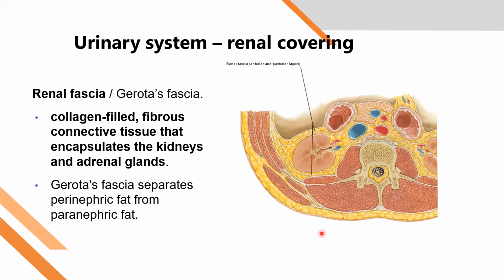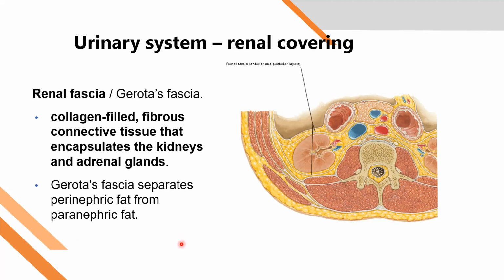Okay, now we go to the renal fascia. The renal fascia in this picture is very clear. Renal fascia, also known as Gerota's fascia, has anterior and posterior layers. It's made of collagen, fibrous connective tissue, and it encapsulates both the kidney and the adrenal gland or suprarenal gland on top of the kidney.